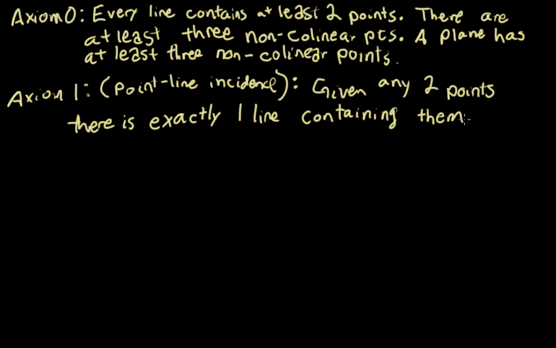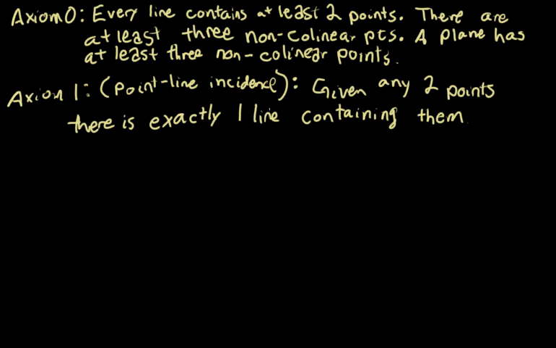Let's talk about both of these for a little bit. For Axiom Zero, it pretty much says that a plane does not equal a line, because every line has at least 2 points, and a plane has at least 3 non-collinear points.